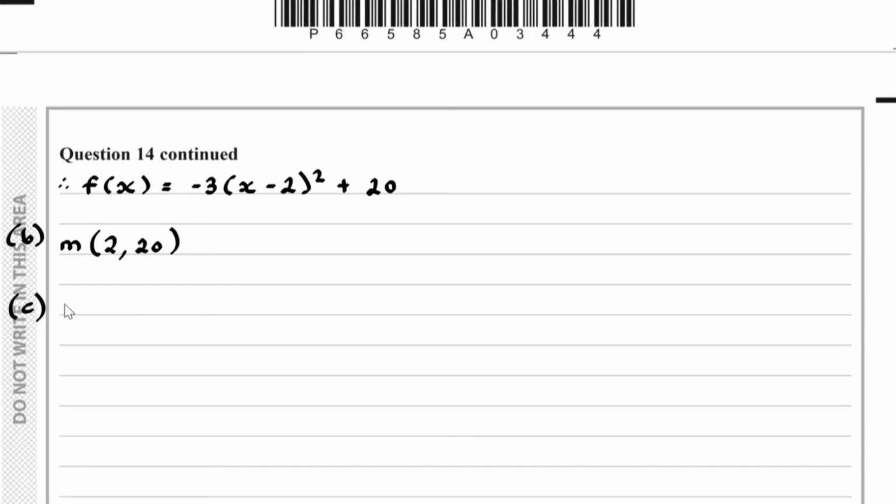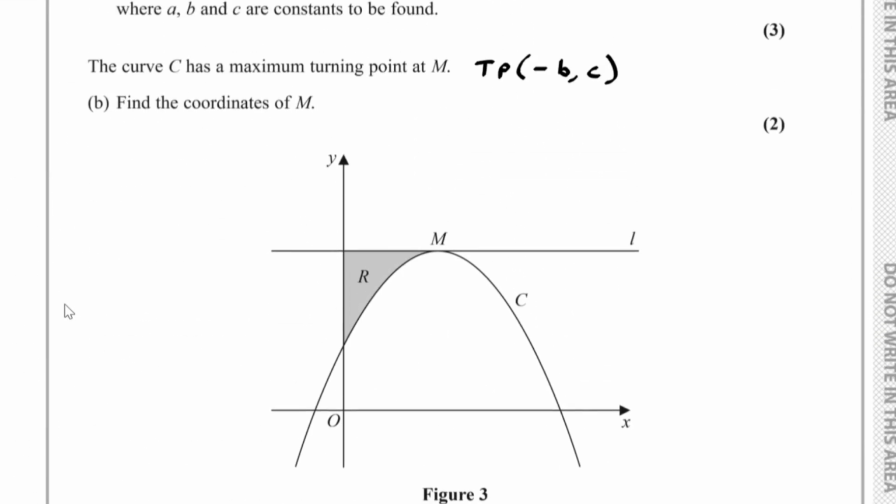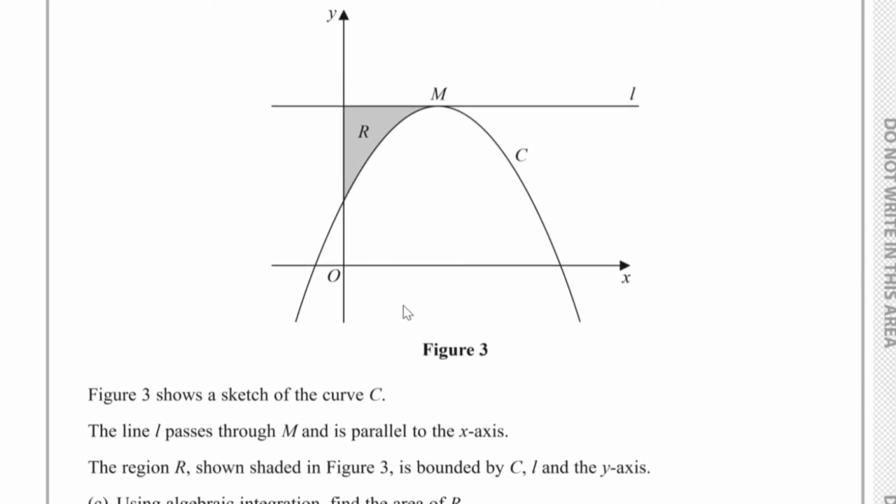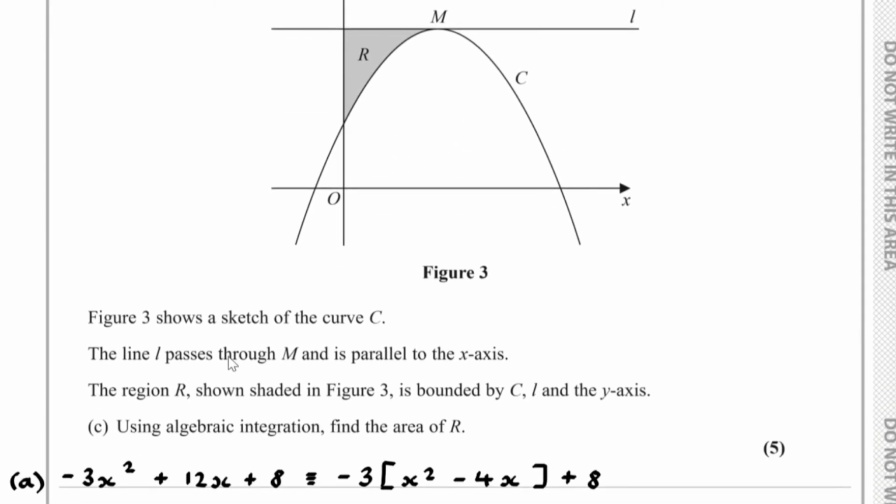And now for part C of the question. Figure 3 shows a sketch of the curve C, that's what we see here, and the line L passes through M and is parallel to the x-axis. The region R, shown shaded in figure 2, is bounded by C, L and the y-axis.